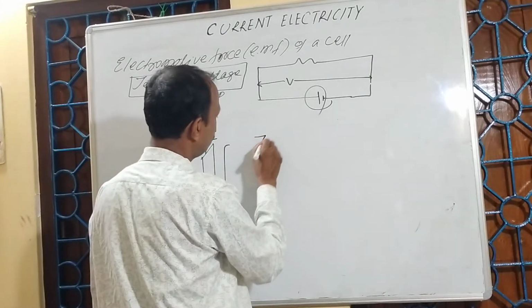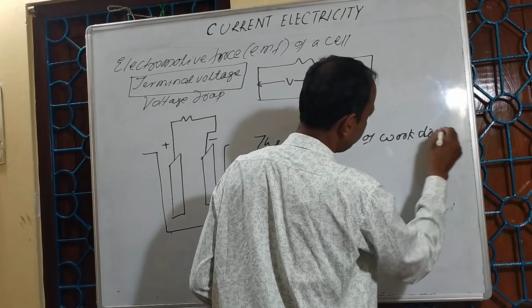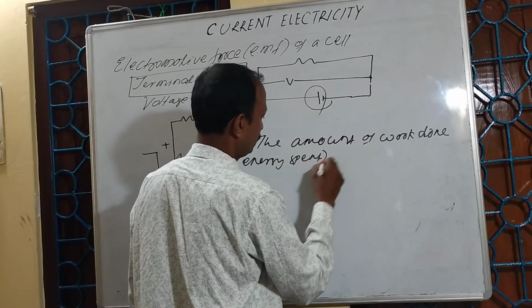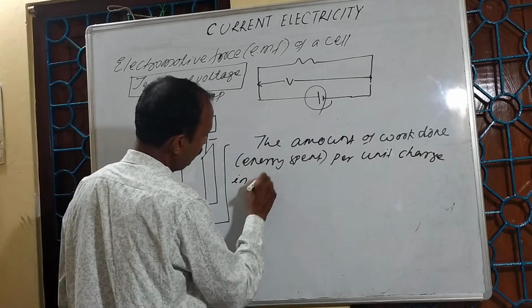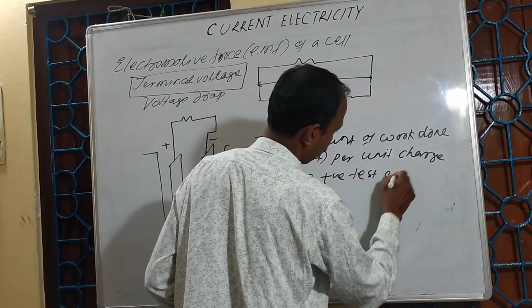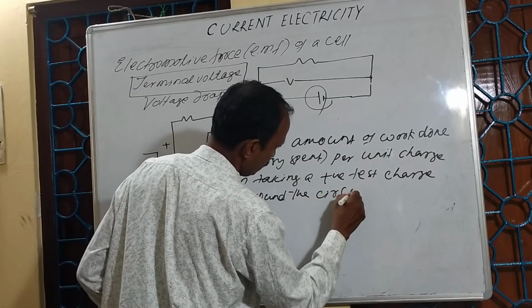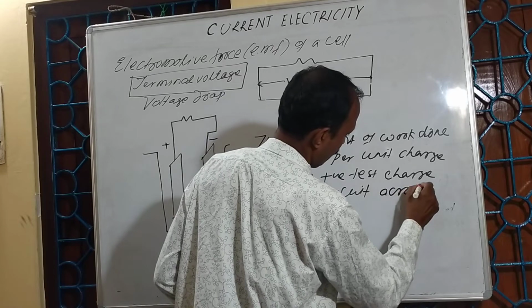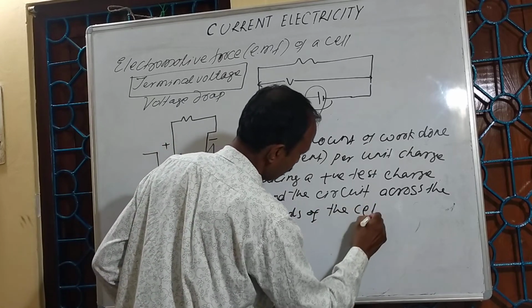So I can say that the amount of work done, or you can say energy spent per unit charge in taking a positive test charge around the circuit across the two ends of the cell.